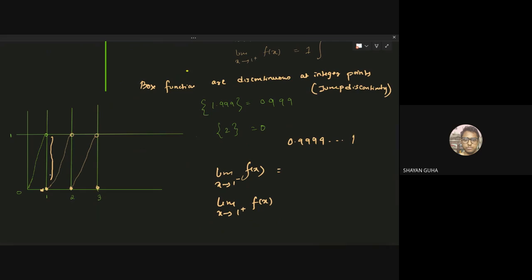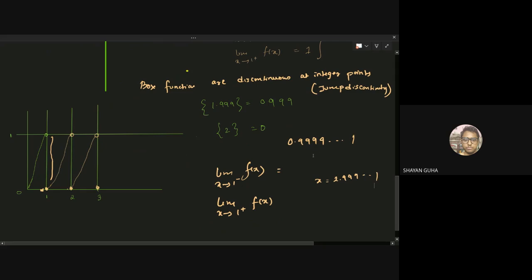In fact, even if that also matches, let's say since it's approaching from the left hand side, I am taking the value very very close to 2. Let's say I am taking x as 1.9999, the same value. So it will be equal.